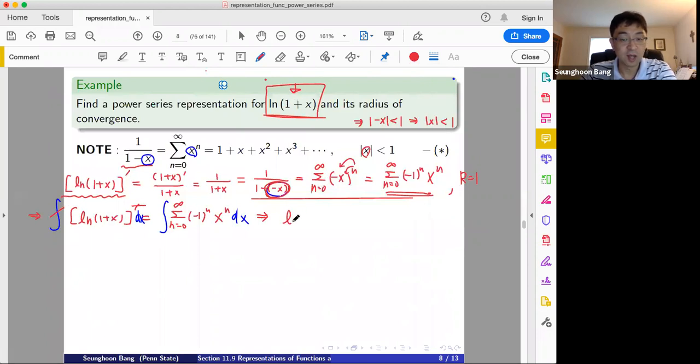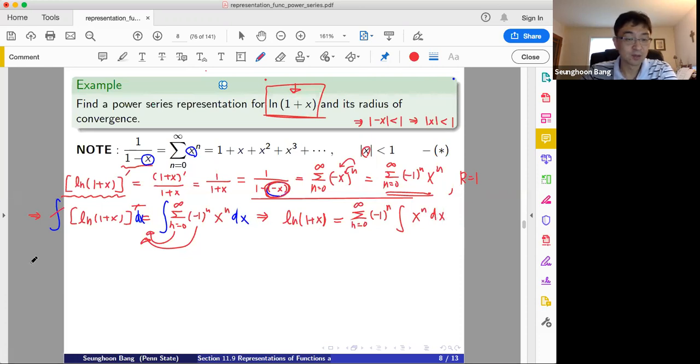Just ln of 1 plus x is here. It equals this one. You can take out summation, take out constant. Only summation n equal 0 to infinity. Take out coefficient minus 1 to n. Just integral x to the n dx.